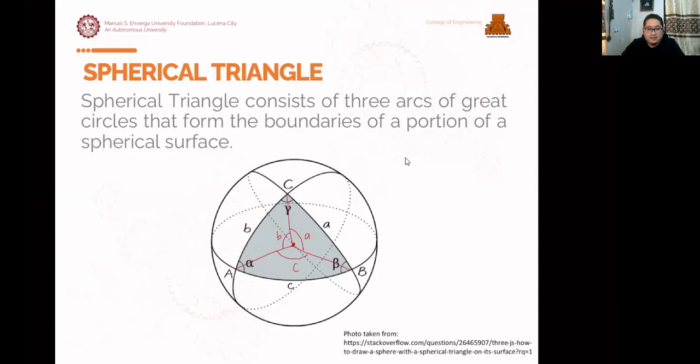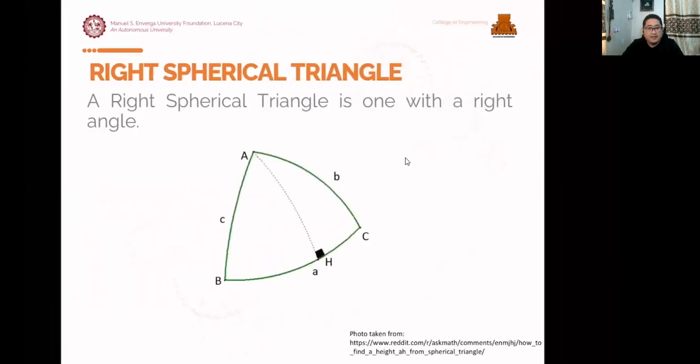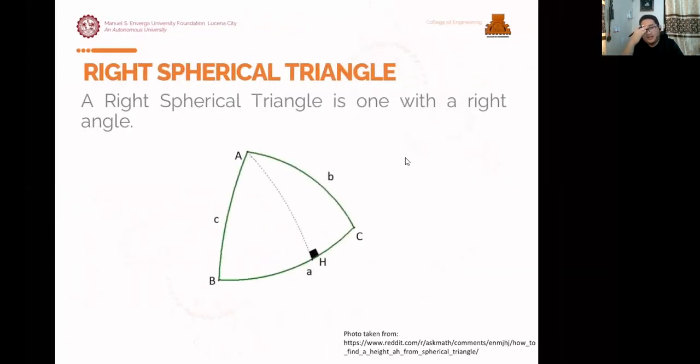Okay? And then paano natin maka-classify ngayon ang spherical triangle? So we have two classifications, which are right spherical triangle and oblique spherical triangle. So ano yung solution nila kapag yun yung given natin? So we have yung right spherical triangle muna. Since yung keyword natin is right, ibig sabihin one of the angles dun sa triangle natin is a right angle.